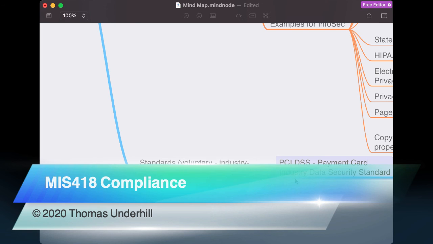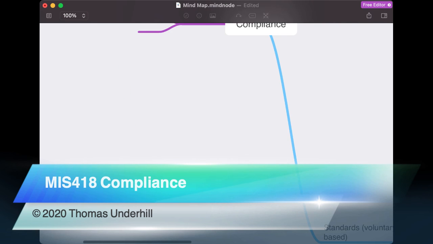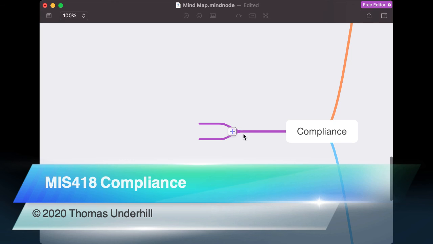Okay. Now, we can have policies as well. So we can have policies as an organization. Right? So one of the things about laws is ignorance of the law is not an excuse. But ignorance of policy can be a viable defense.